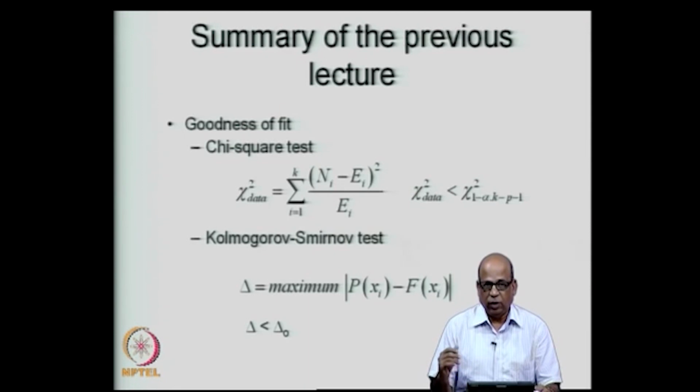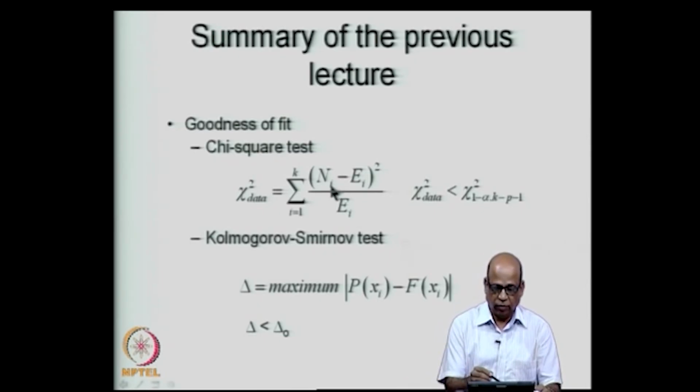The data is classified into several class intervals and then we look at the observed relative frequency of each of the class intervals, and that is Ni, and the expected relative frequency or the expected number of observations arising out of that particular distribution for which we are conducting the test is Ei, and then this will give you the chi-square statistic.